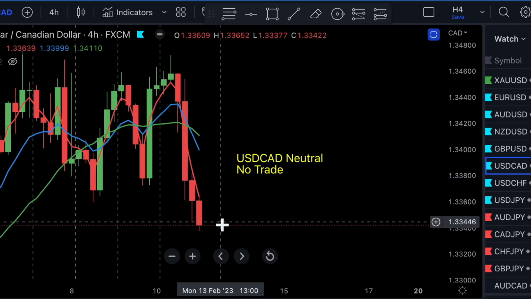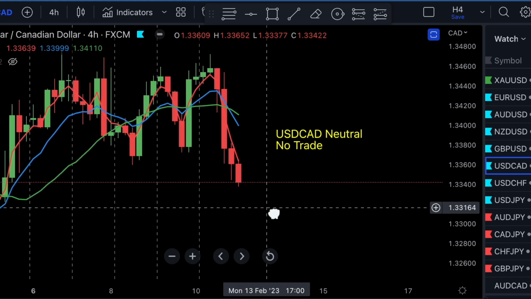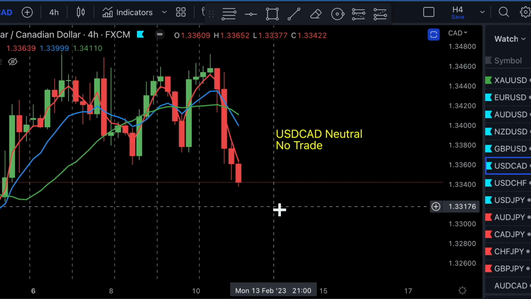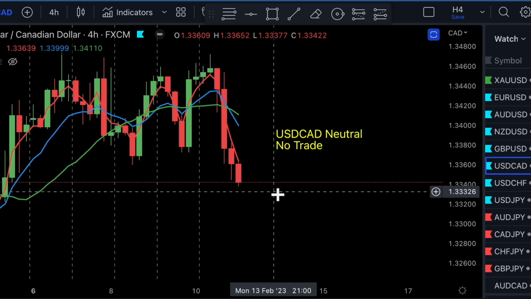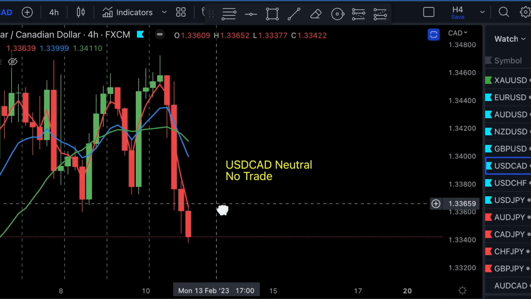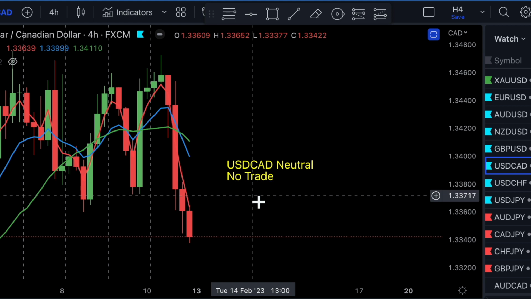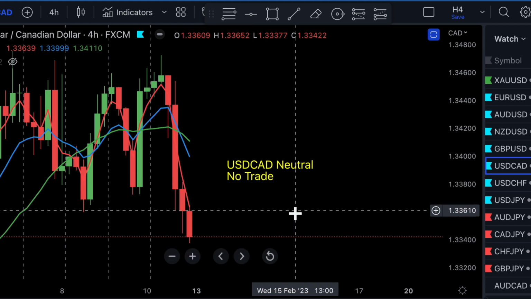The USD CAD has been bullish, okay, with the strengthening of the US dollar, but there was some really excellent news that came out on Friday for the Canadian economy, and that caused the USD CAD to drop dramatically. So on the long-term chart, the day chart, which I use for analysis, the USD CAD is neutral. And as you know, if you follow my videos, when anything is neutral, for me, that is no trade.